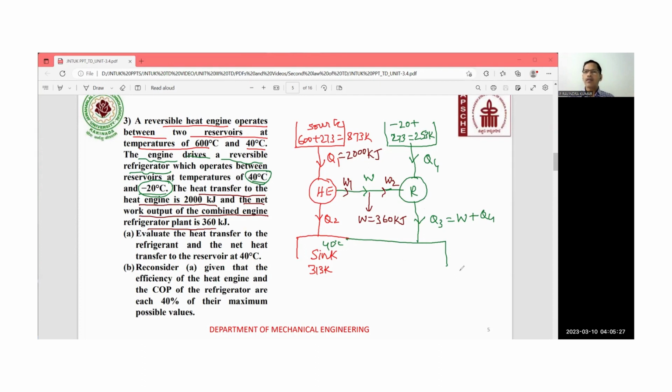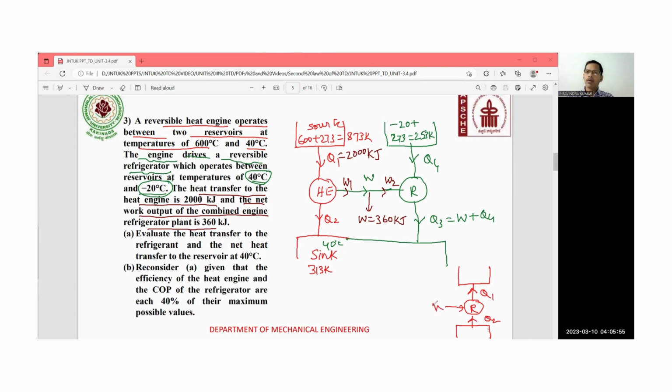Individually, if you observe the refrigerator, this is the source and a refrigerator operating between the source and the sink temperature. Here work input is given, and observe the directions: this is Q2, this is Q1, just opposite of the heat engine operation.